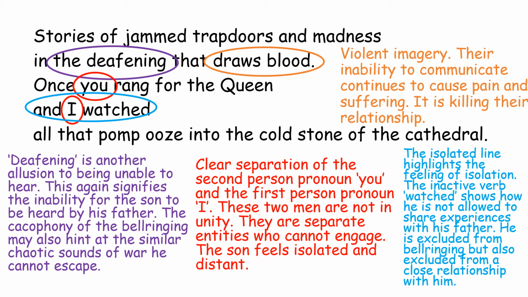And yet, the use of enjambment here allows us to see the separation from the father who is doing the interesting activity and the son who is forced into watching. Watching is an inactive verb here, and it shows how he is not allowed to share the experiences with his father. He is excluded from bell ringing, but also he seems to be excluded from a close relationship with him. It continues that imagery of being locked out.